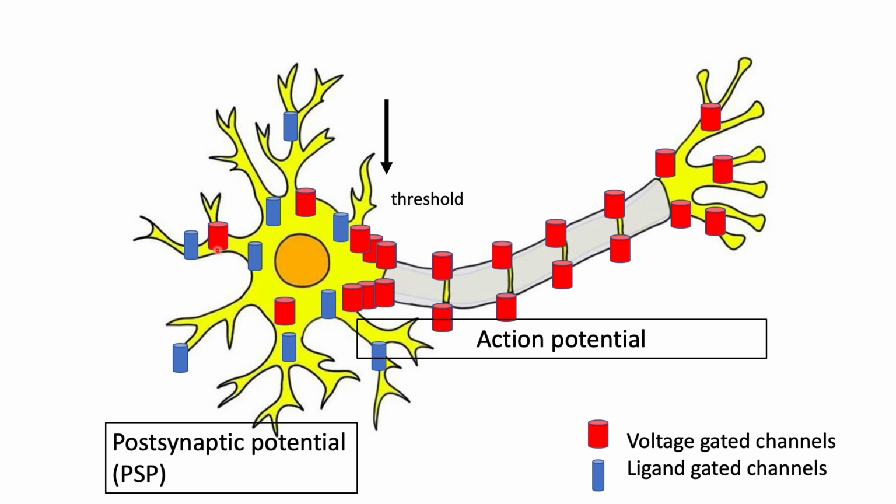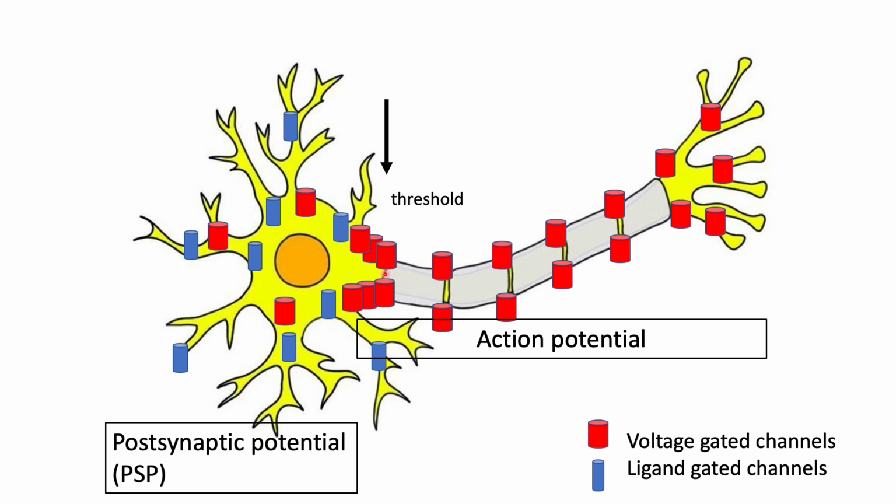But most of the channels here are ligand-gated, or chemically gated, channels. So when they bind to transmitters from the synapses from other neurons, they change the permeability, allowing movement of ions, which can give either excitatory or inhibitory postsynaptic potentials.